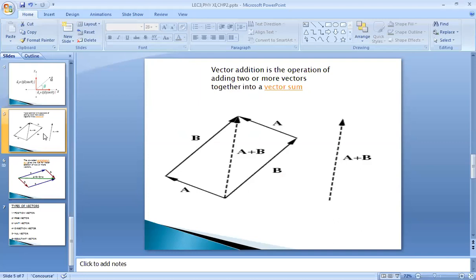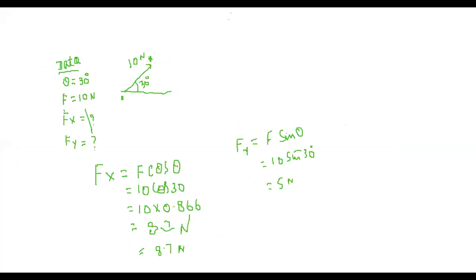So here in this slide, you can see clearly what we mean by A plus B. A plus B means that there were two vectors A and B, and when we join them to find the resultant vector, that is basically A plus B. Although it is clear in the slide, to make it more clear, I'm going to give you a closer view and explanation.